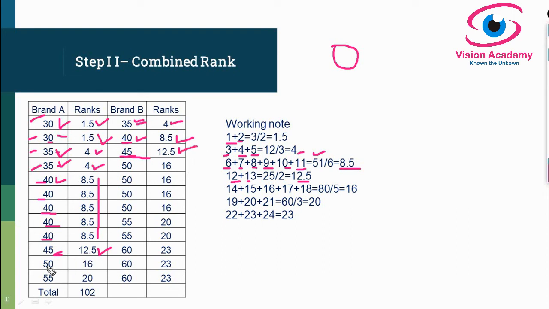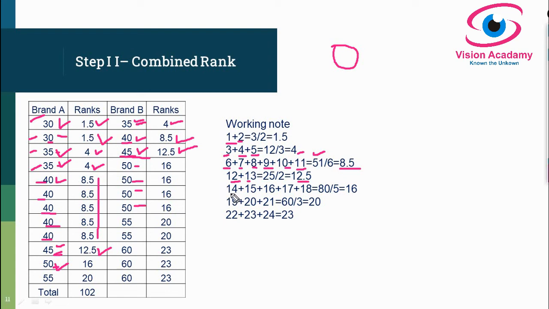After 12.5 we go for the next value, that is 50. So now the 50 position is 14, because the 12th position is for this 45 and the 13th position for this 45. After that, 50: here this means 14th position, then 15, 16, 17, 18.